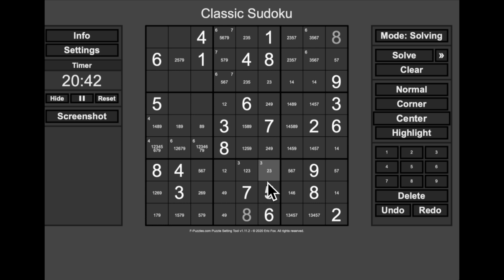Okay, well, actually, wait a minute. If these pencil marks are right, that's a 2-3 pair, so that can't be 2 or 3. This is 2 or 3, so that can't be 2 or 3. This can't be 2 or 3 either. This is now down to a 4-9, and one of these 2 spots must be a 3, but the 3 has to go here. Right? That's the only way this resolves itself.